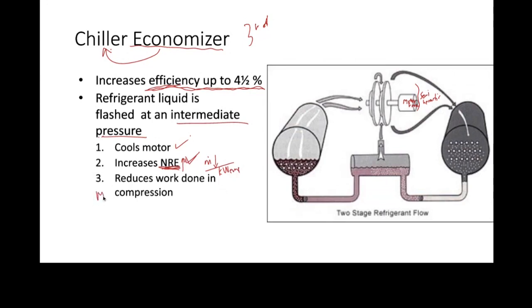And if our mass flow decreases, then that reduces the work done in compression for every kilowatt of energy absorbed in the evaporator. Okay, so that's what's going on with the economizer.